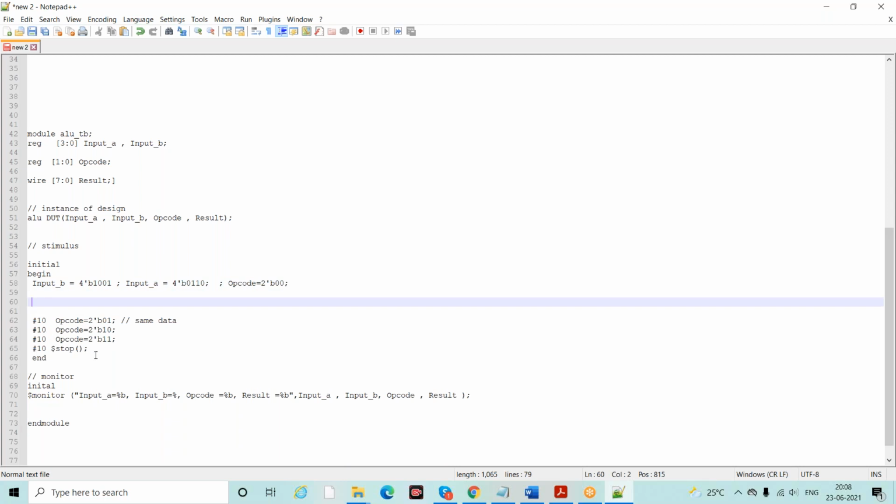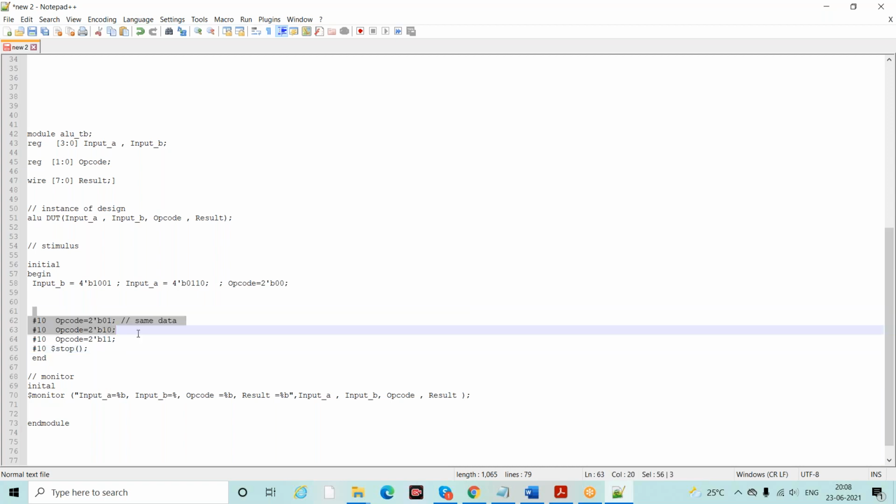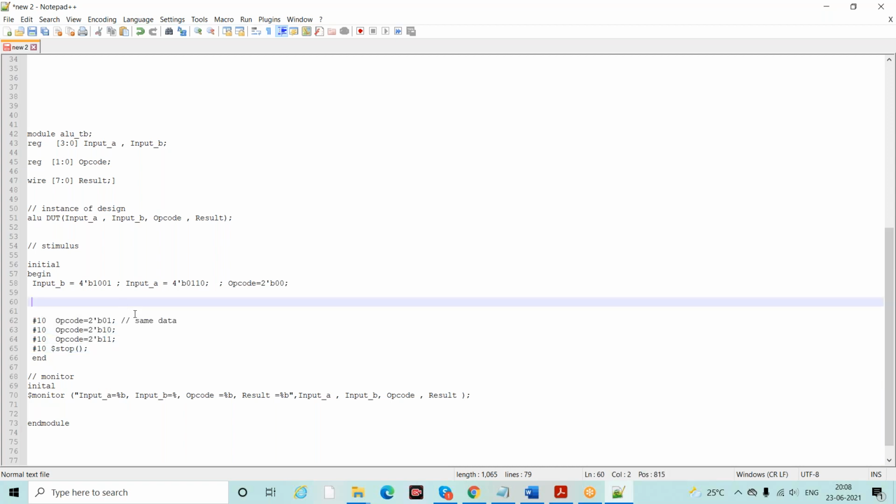Only this part you can change. That's it. For opcode equals to 0, to 4. How many times do you want? 4 you want.